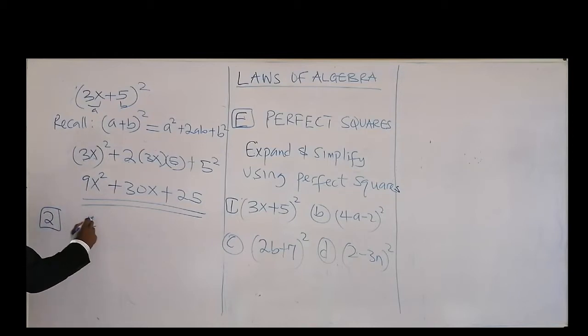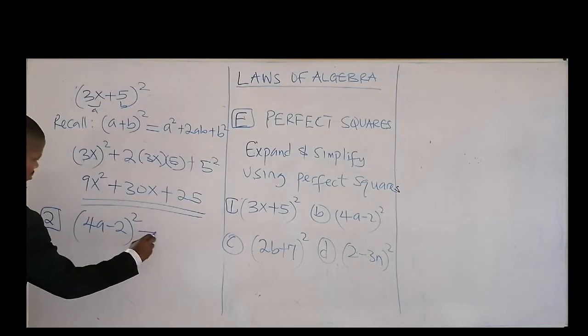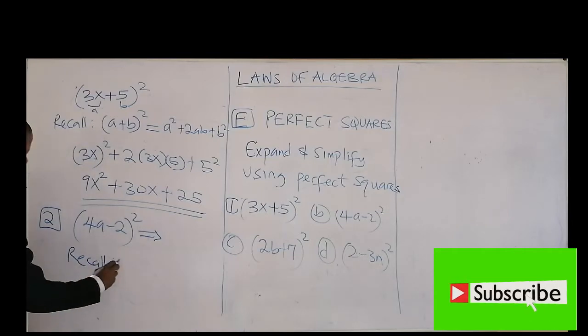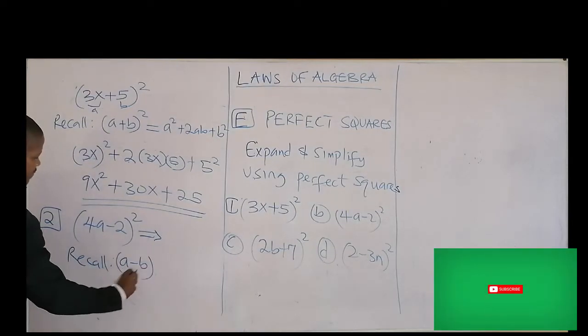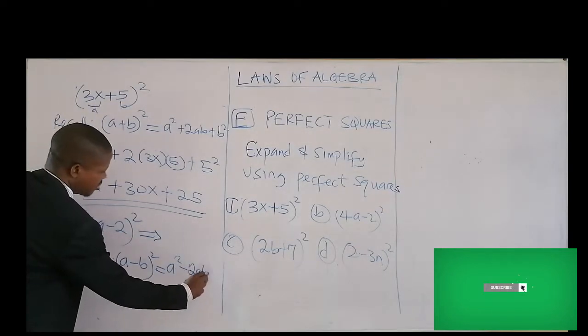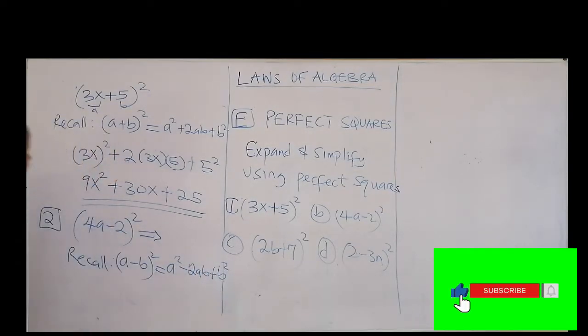Question 2. We have 4a minus 2 all squared. Recall, this will give you a squared minus 2ab plus b squared.